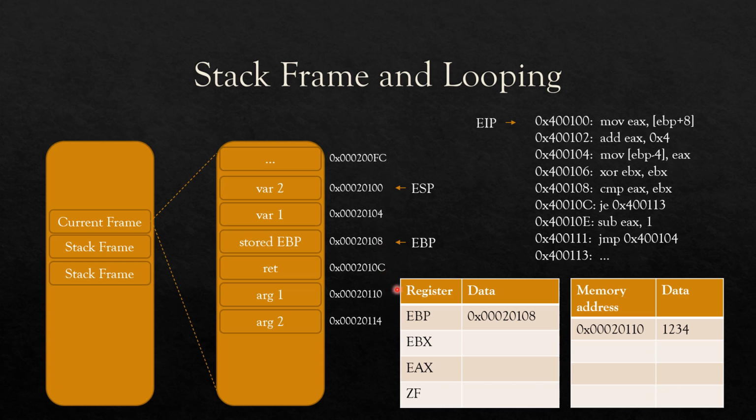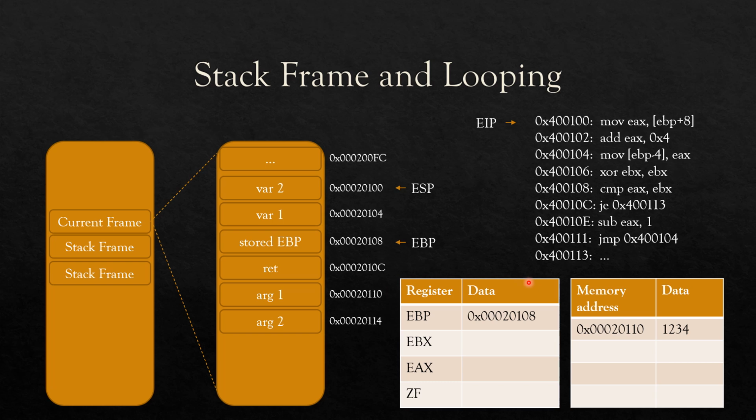So in the lower right-hand corner, we have registers and the data that they're going to contain during this sample. And then we also have memory addresses and the data that they will contain during this example. So the first address is just some data that's being passed in. You'll notice that this memory address corresponds to this stack address.